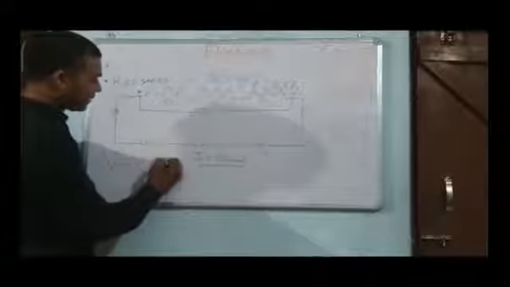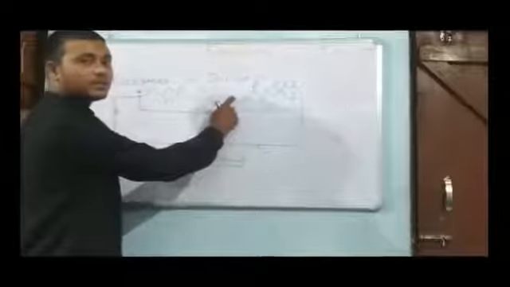So the equivalent potential difference is calculated by V1 plus V2 plus V3, where V1 is the potential difference of R1, V2 is the potential difference of R2, and V3 is the potential difference of R3.